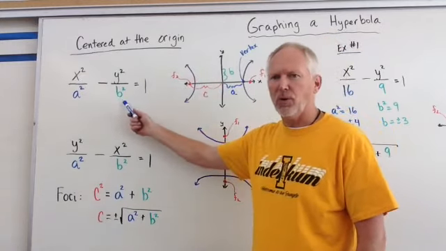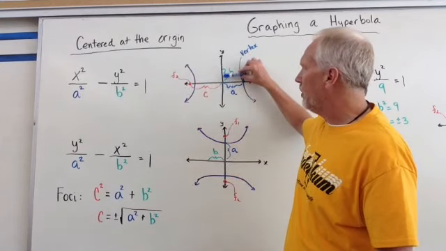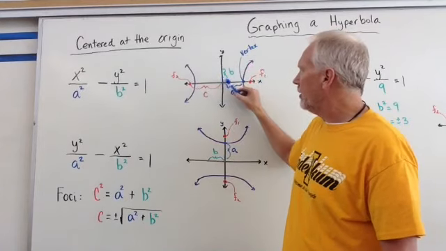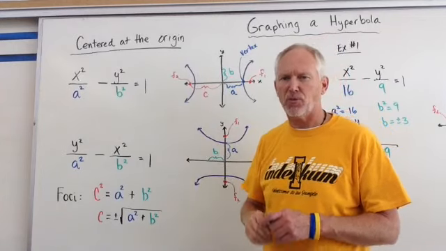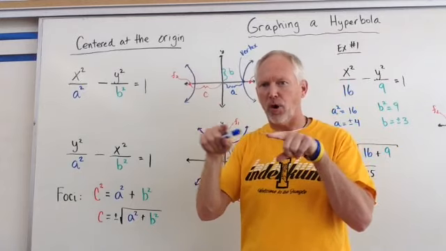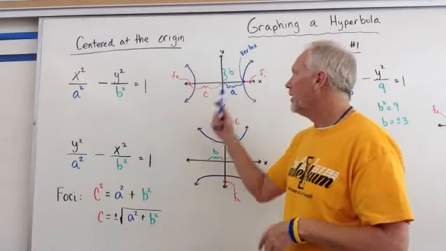Now, the b value, what do we do with the b value? In this case, the b value will determine a height or a width, but we're going to have to look at that more closely when we get to some examples, because we're going to draw a little box method, and the a value will go from the center out to the x, and then the b value will go up.